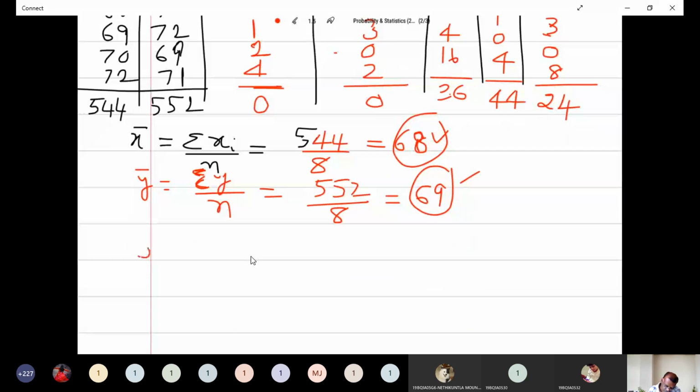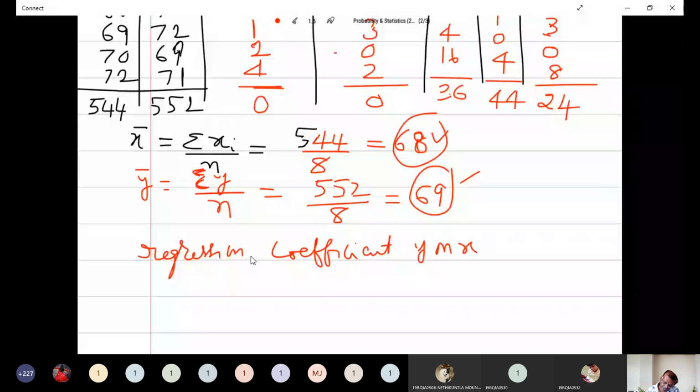Now the regression coefficient y on x, that is byx. What is the formula? That is r into sigma y by sigma x, which is equal to summation capital XY divided by summation capital X square.